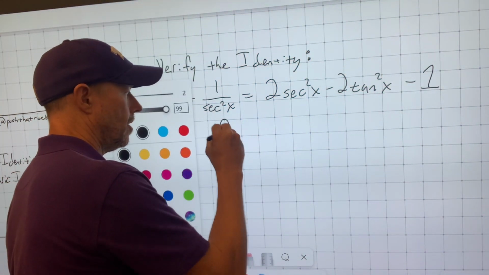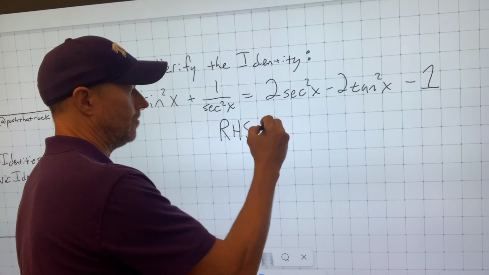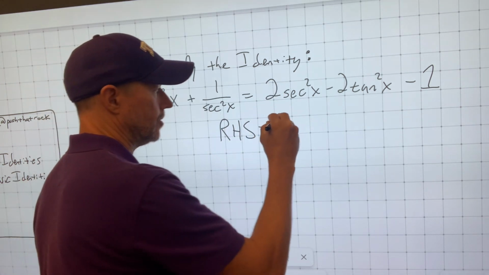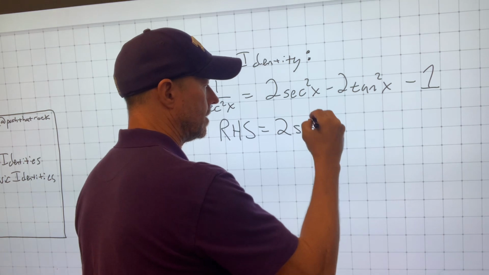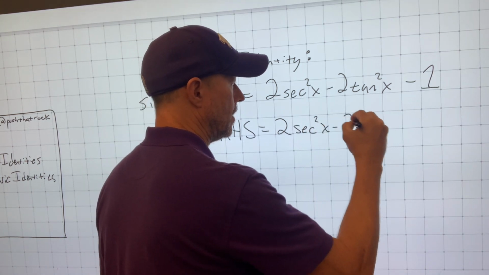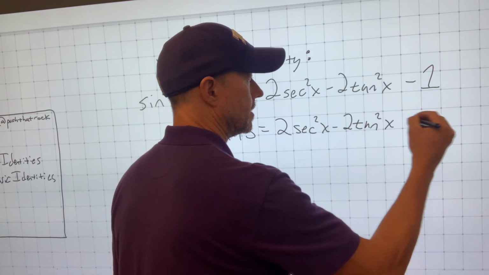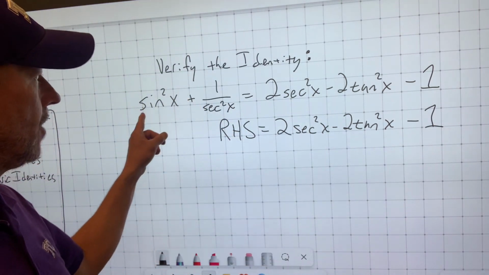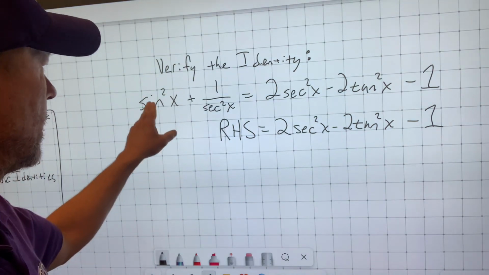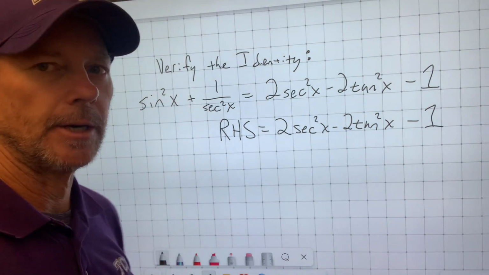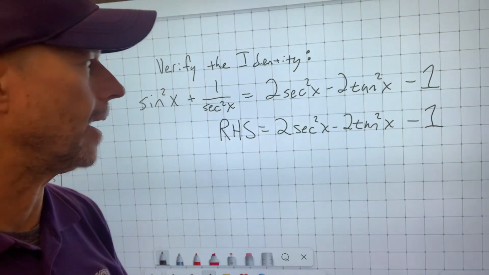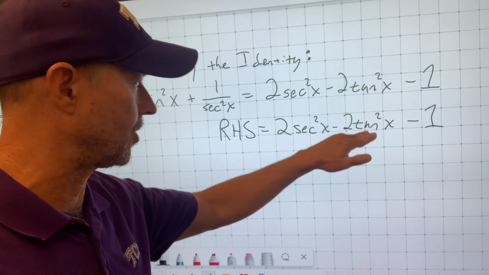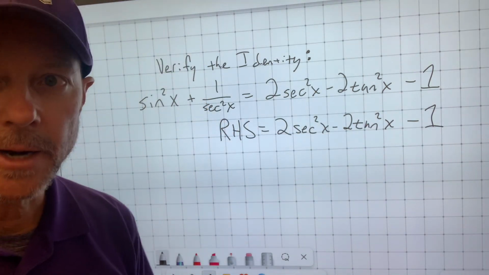I'm going to say RHS for right-hand side is equal to 2 sec squared x minus 2 tan squared x, take away 1. And my goal is to get to this other side, which is sine squared plus 1 over sec squared. All right, and I want this side to turn into that over there, but I can't change its value.